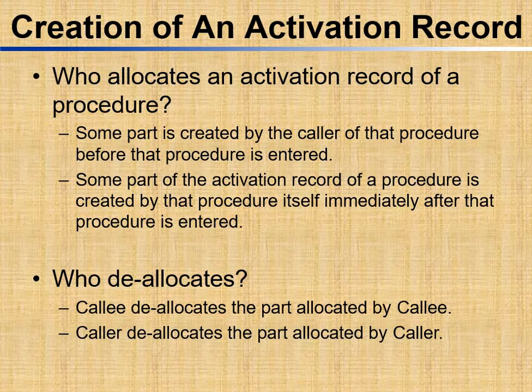The second question may arise: who deallocates? The callee deallocates the part allocated by the callee, and the caller deallocates the part allocated by the caller. The respective function will do it.